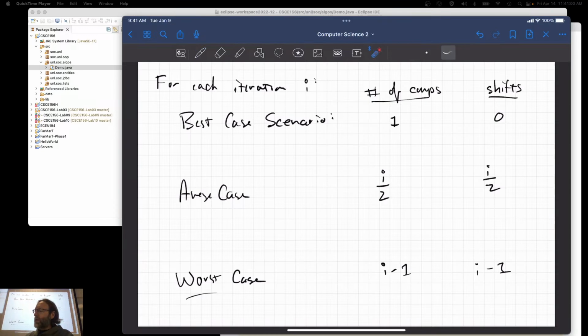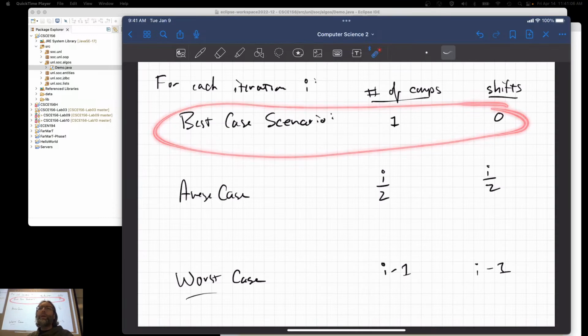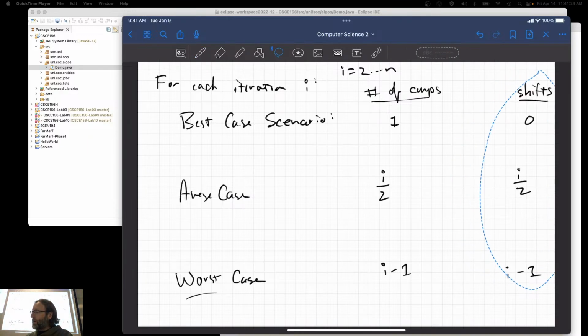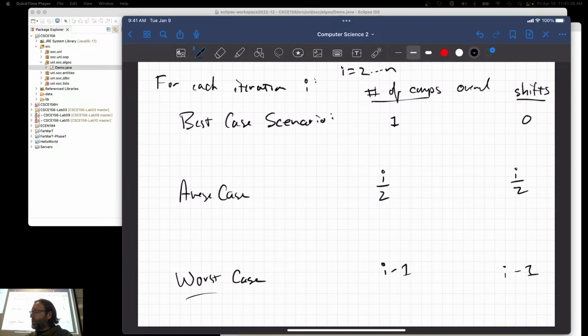Should we even bother with the best case scenario? Best case scenario, you end up doing what? I is going to run from 2 up to n. So what's the number of comparisons that you make if you make 1 for each iteration? You know what? Let me move this over and go overall.